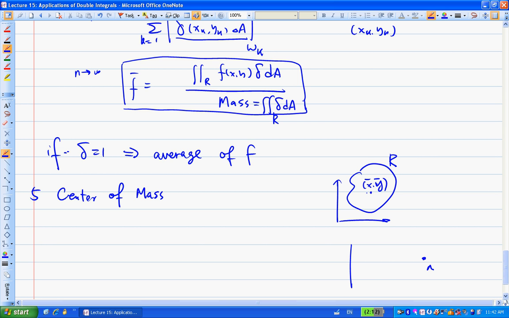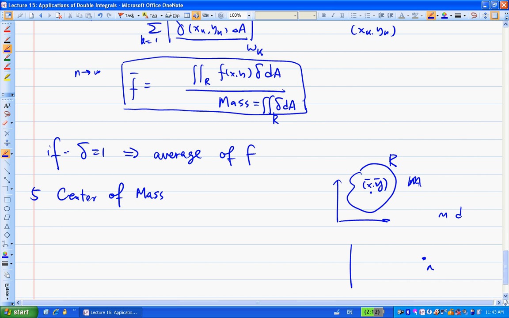So I ask, what is the moment of this object about this axis? I know this is the total mass m, but I don't know what I should multiply the m with. m multiplied by distance gives me the moment.